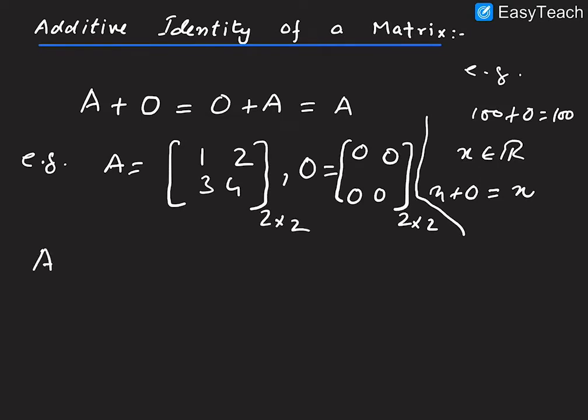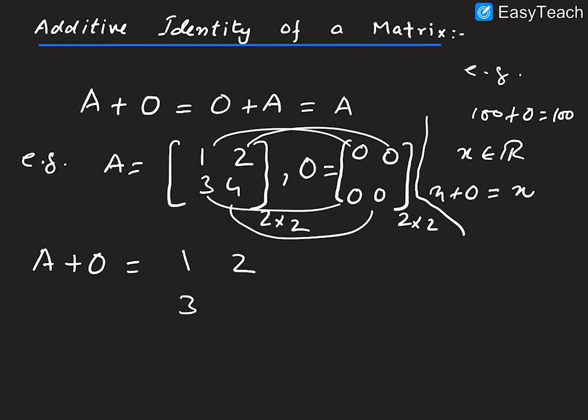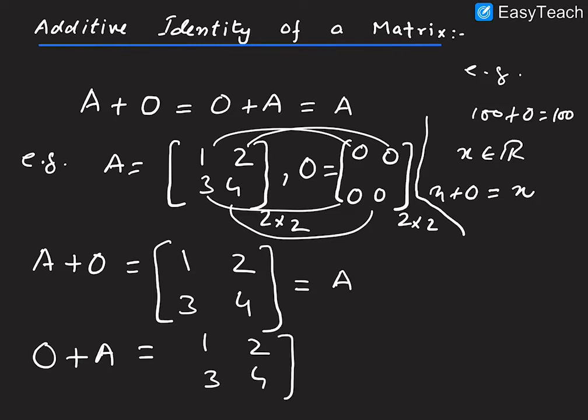So what will be A plus O? 1 plus 0 is 1, 2 plus 0 is 2, 3 plus 0 is 3, 4 plus 0 is 4, which is equal to A. And if you add O to A, you will get the same thing, which is equal to A.